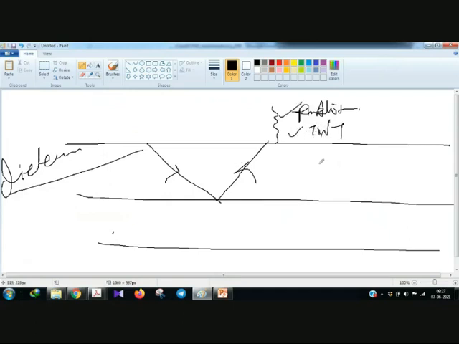It's called the two-way travel time. One way, two way: the same portion is traveled twice, once going and once coming back. That's why it's called the two-way travel time, TWT. These two things will give you an idea of the boundary.